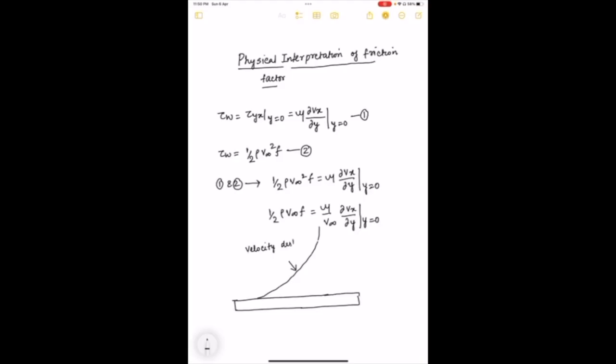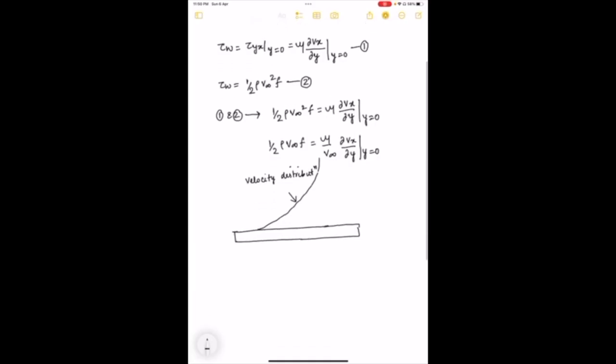And the slope of this curve is given by dou Vx upon dou Y at Y equals 0.